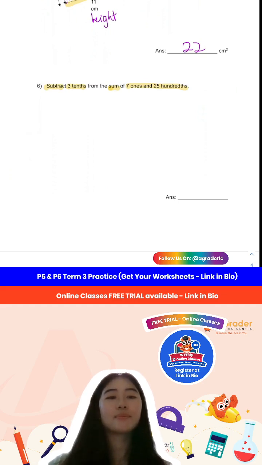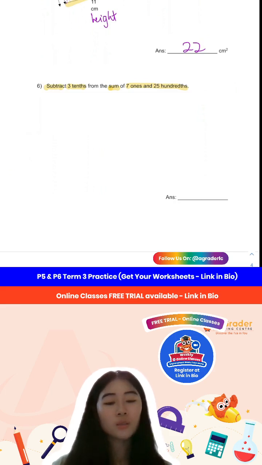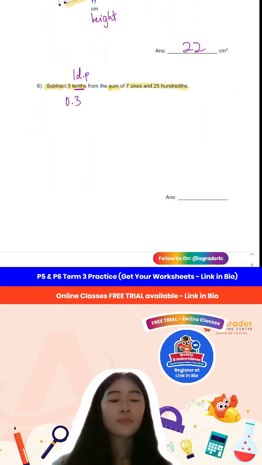Okay, so seems like most of you are done responding. Let's go through this. So firstly, 3/10. This keyword tens means that there's supposed to be one decimal place. So this would be 0.3. 7 ones is just 7.